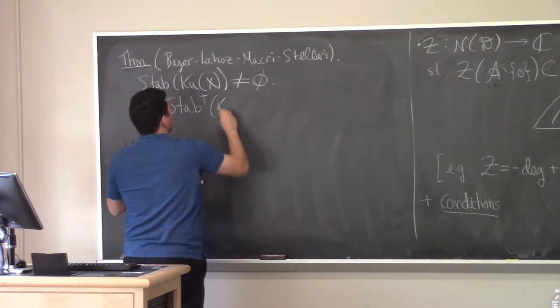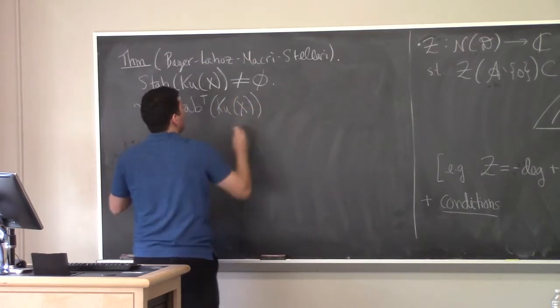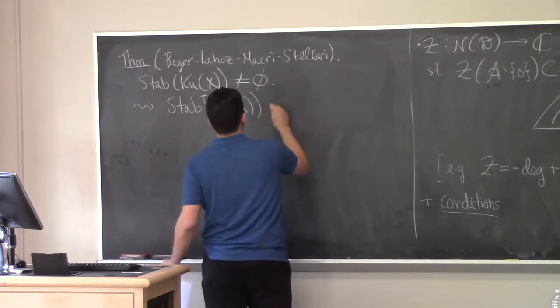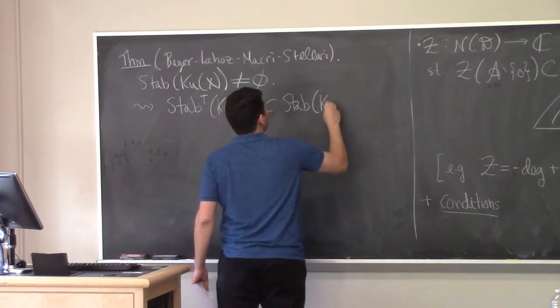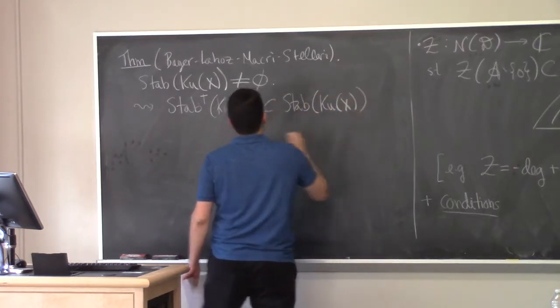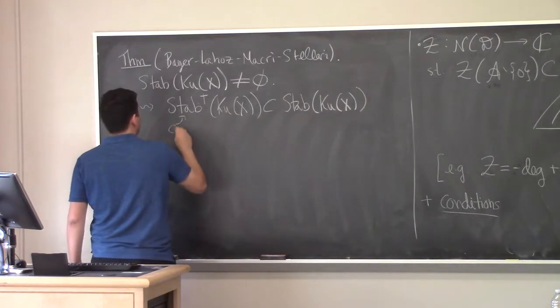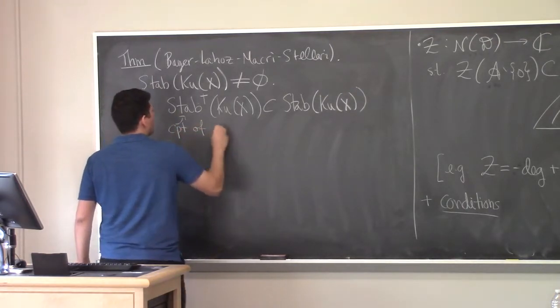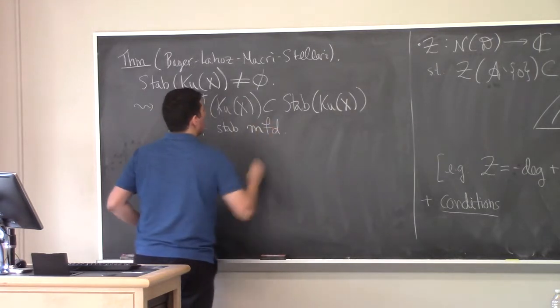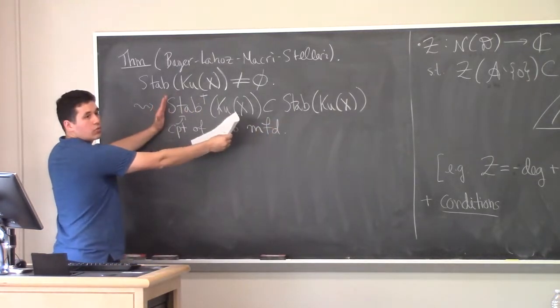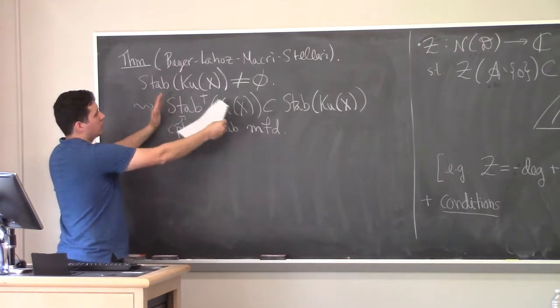So Stab dagger of Q of X is the corresponding component of the stability manifold. Okay, so we get a whole manifold's worth of stability conditions, which I'm calling Stab dagger.